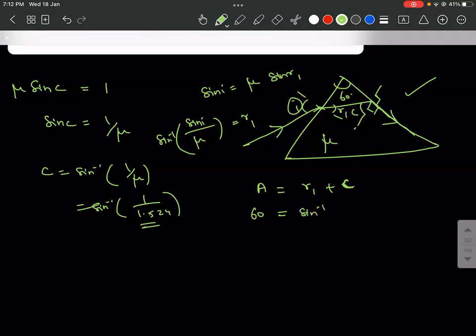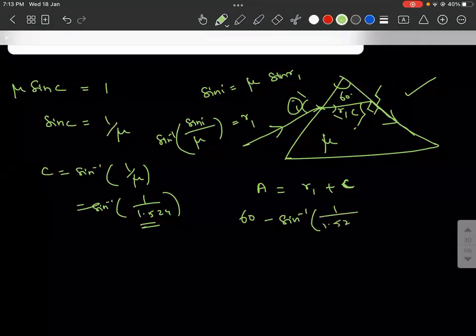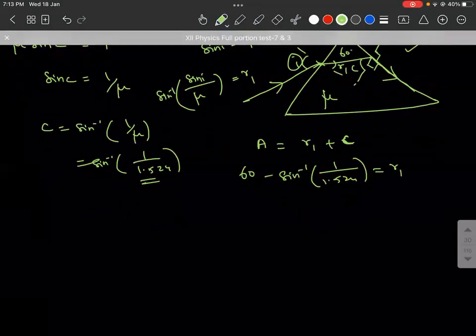Okay. So can I write it as sine inverse of 60 minus C, what did you say? Yes, sir. 60 minus sine inverse of 1 by 1.524 is equal to R1. So what should we write?